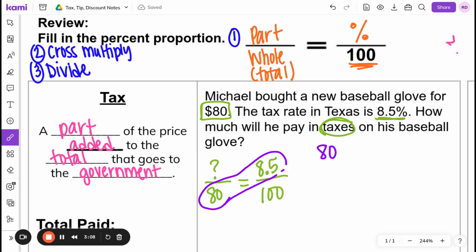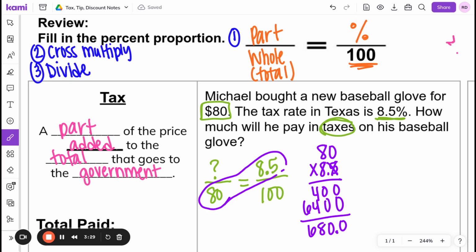So 80 times 8.5 is 680. So 680 is the answer I get when I multiply those 2 numbers.